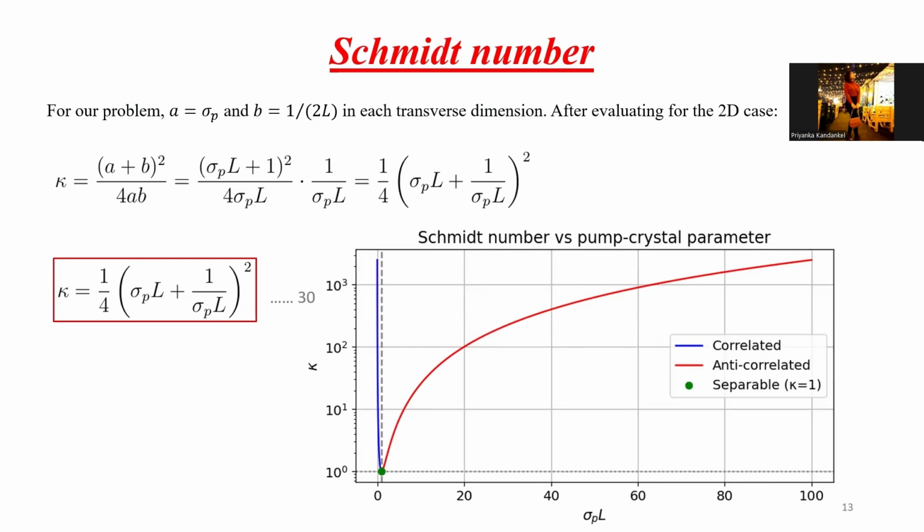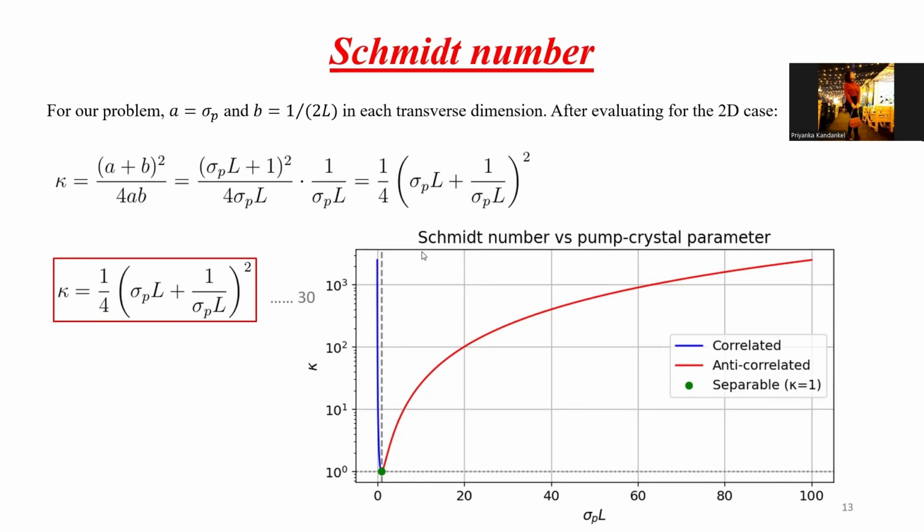Since the two dimensions are independent and identical, the 2D Schmidt number is the square of the 1D value. So we square the previous term and obtain that kappa, the Schmidt number, equals a plus b whole squared divided by 4ab. We substitute the values of a and b, and we obtain the final expression: kappa equals 1 by 4 times the bracket of sigma p over L plus L over sigma p, whole squared.